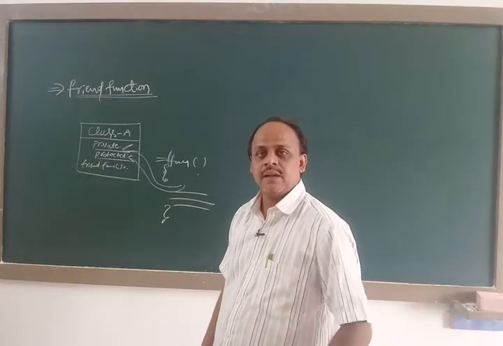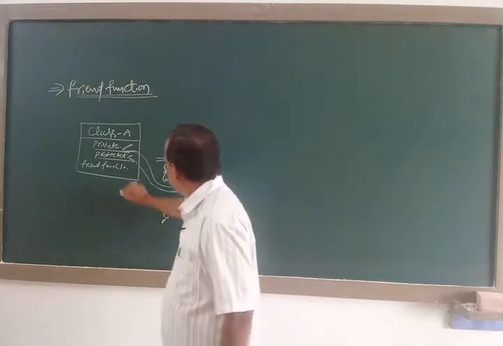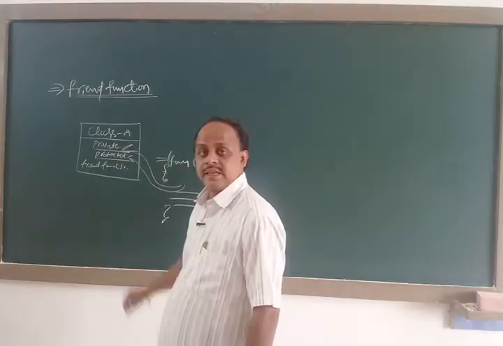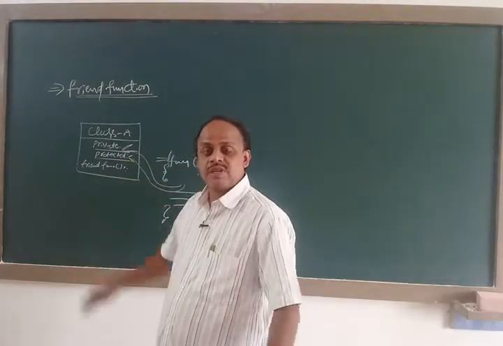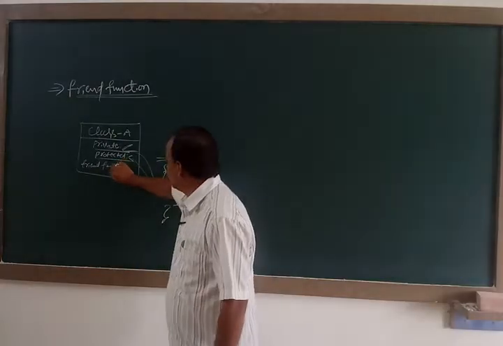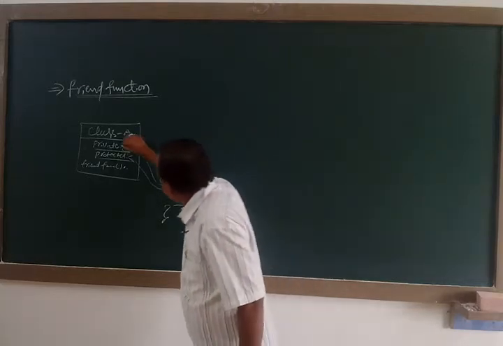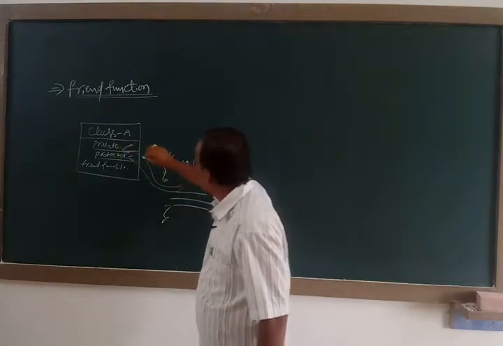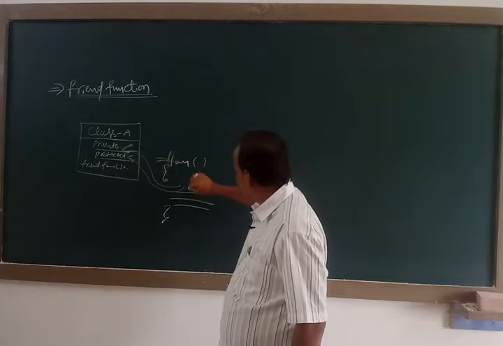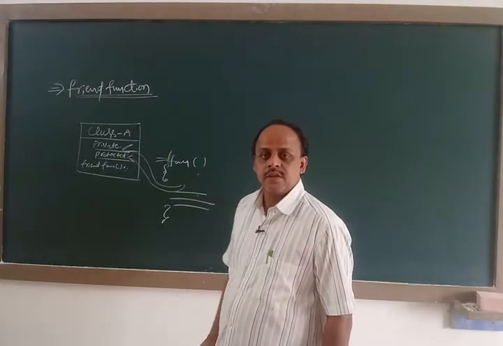This is one point. And the second point we can observe is that here one function is there inside the class, it is not a member function. Even though, the function has the ability to access this private data member as well as the protected data member outside the class, right?